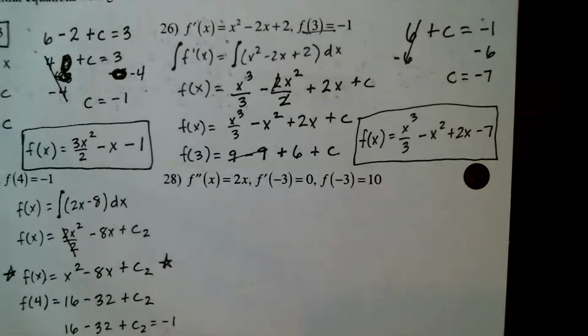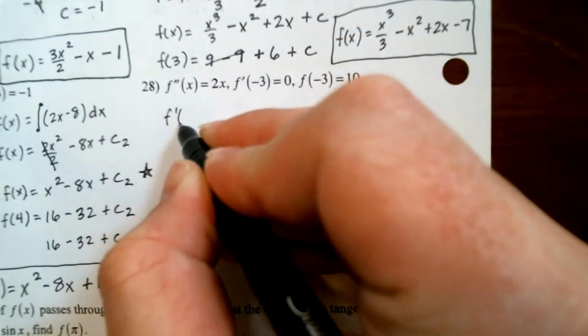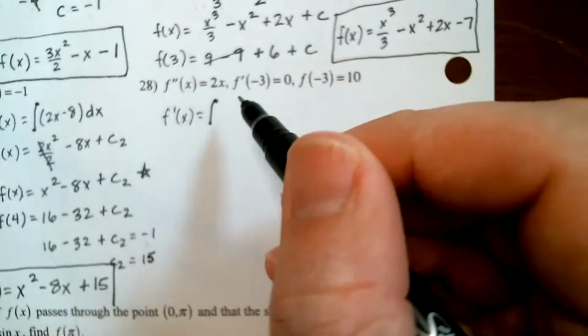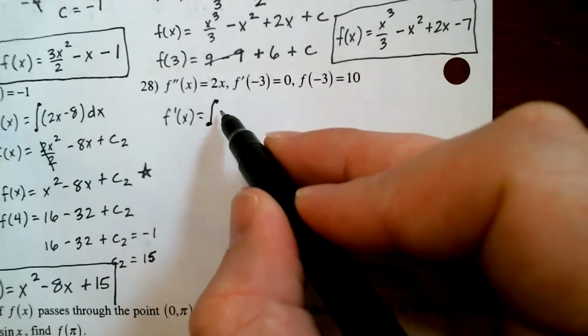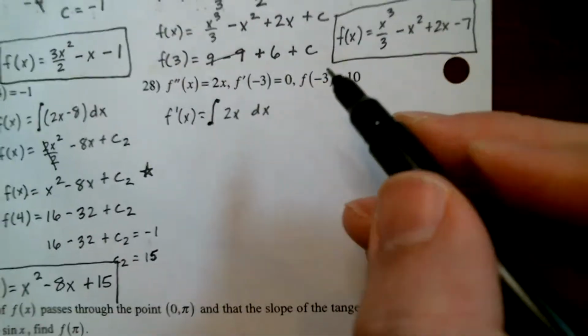Number 28 then. So f prime of x is equal to 2x. So in order to find f prime of x, that's going to be equal to the integral of 2x dx.